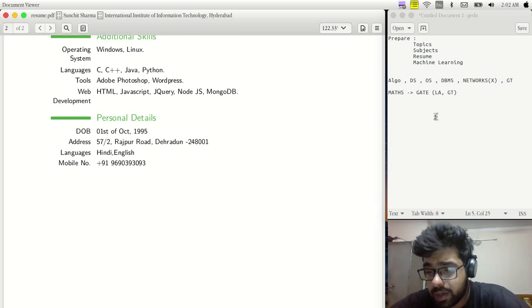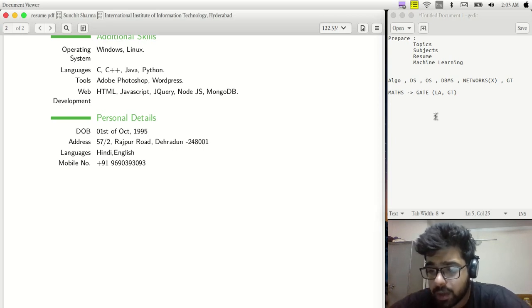If you mention the word SVM, or perceptron, or any word in a resume, you are bound to be questioned on it. So prepare really well. It depends on your resume.